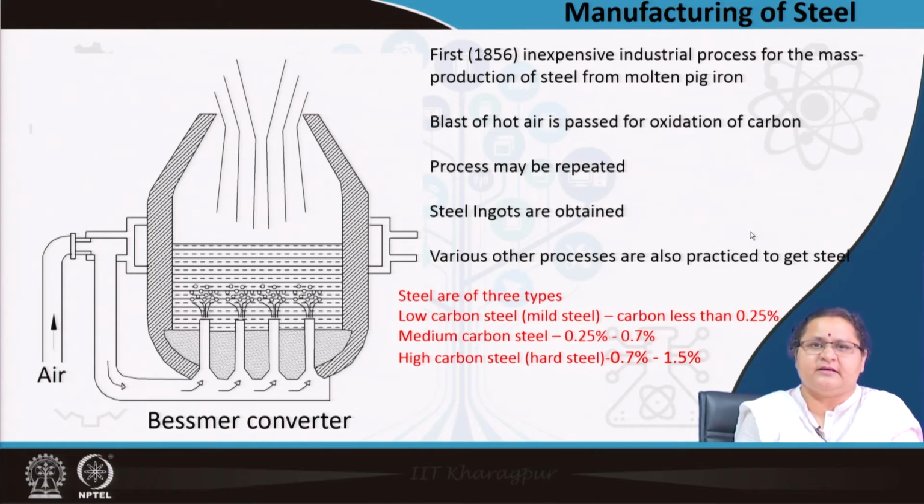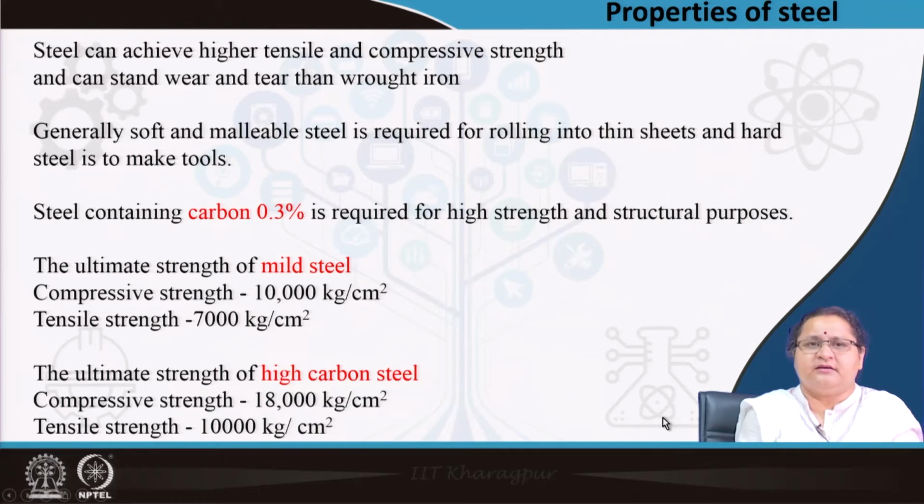So, we see the different grades of steel are available: low carbon, medium carbon and high carbon. The properties are that it can achieve higher tensile strength and compressive strength, and it can withstand wear and tear better than wrought iron and cast iron.